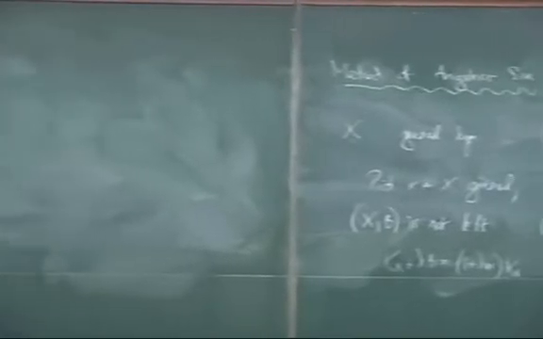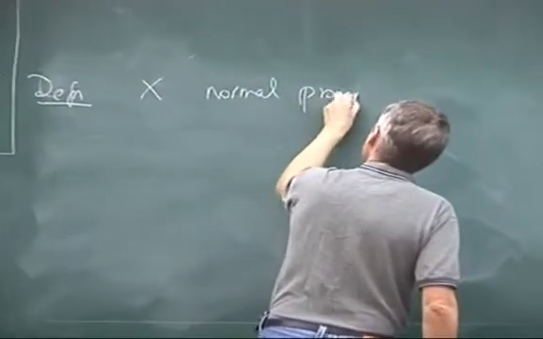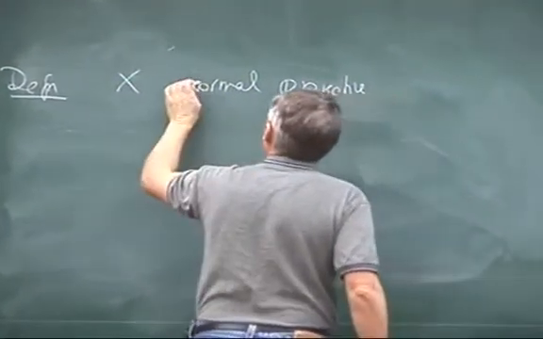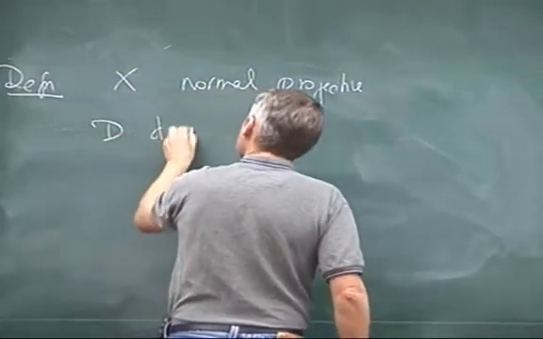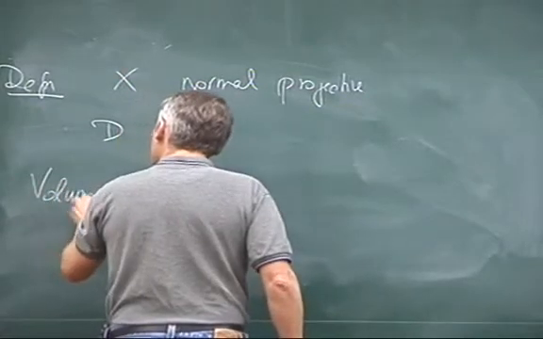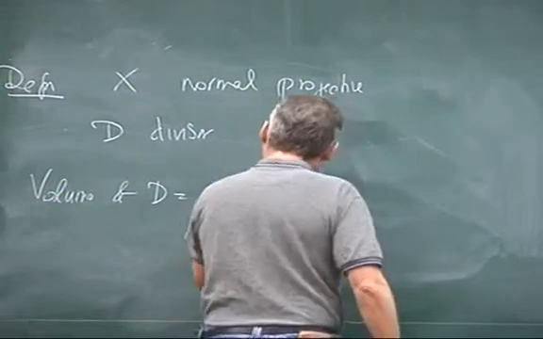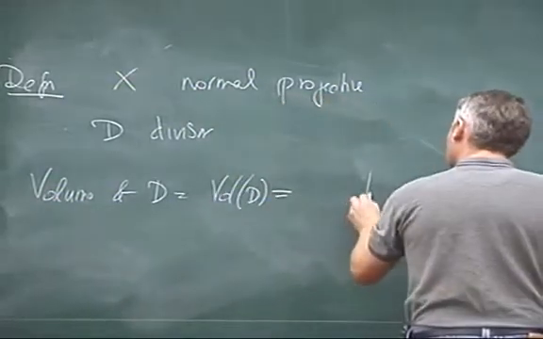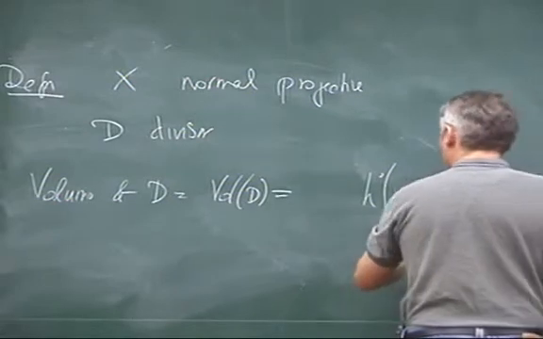So definition: let x be a normal variety, D a divisor. Then the volume of D, let's write it, vol of D, is just how fast that linear system grows.